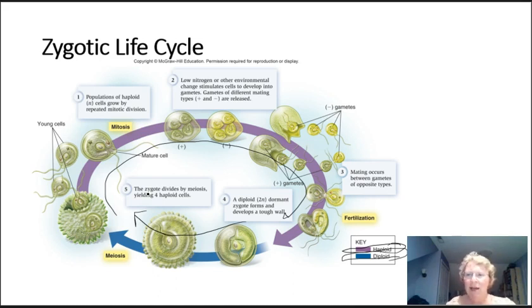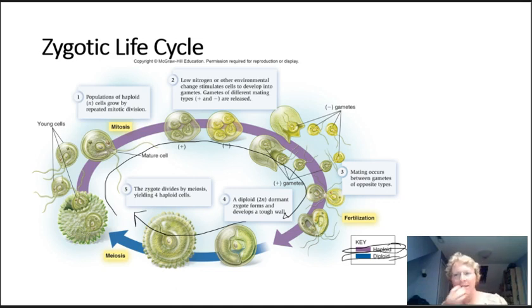Remember that haploid means the cells have 1 copy of each chromosome. Diploid means the cell has 2 copies of each chromosome. To put this into context, humans are diploid. Our body cells have 2 copies of each chromosome. Human gametes, sperm and eggs, are haploid.